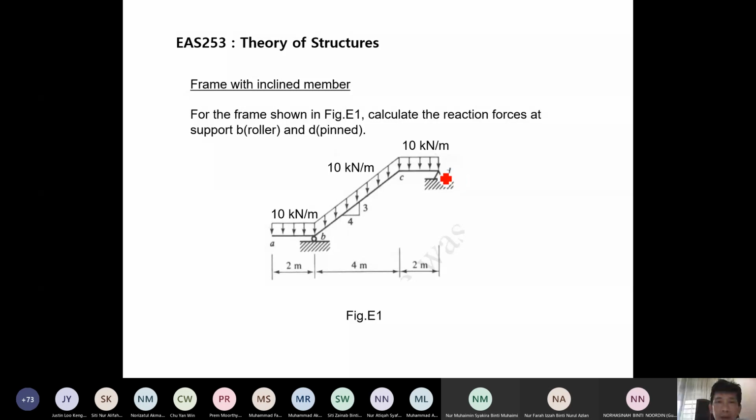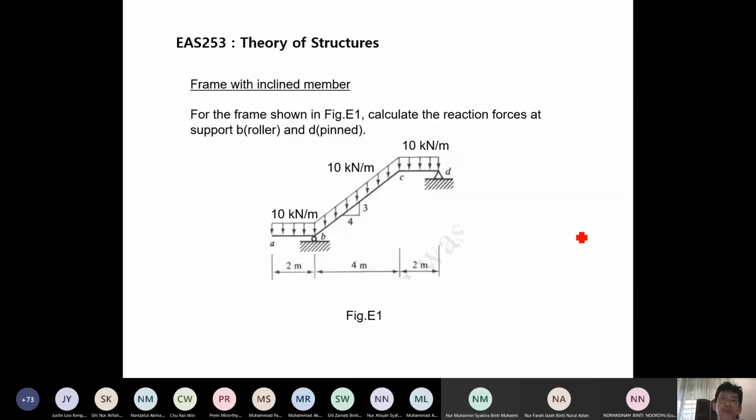Then this member slanting, inclined, and going down with inclination of 4 to 3, until point B here, which is a roller, and along this line there's a load acting vertically, but along this inclined member length. Then finally, this is an overhang here, A to B, with distance 2 meter and acted by UDL 10 kilonewton per meter.